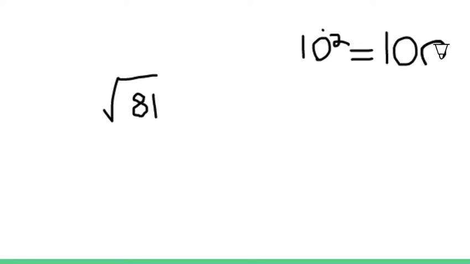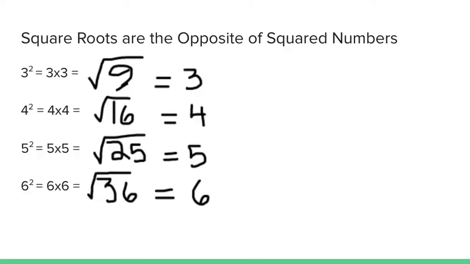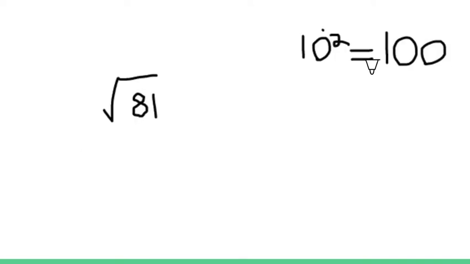I know that it can't be 10, because right off the bat, I can tell you 10 squared, or 10 times 10, equals 100, which is more than 81. So I know that the square root of 81 is going to be more than 6, but it's going to be less than 10.